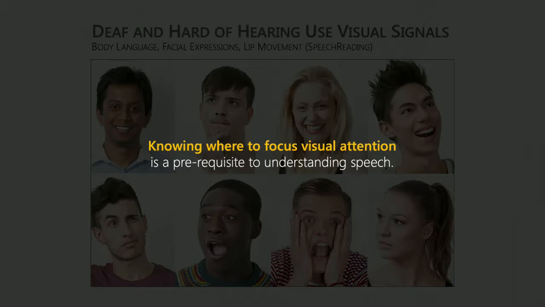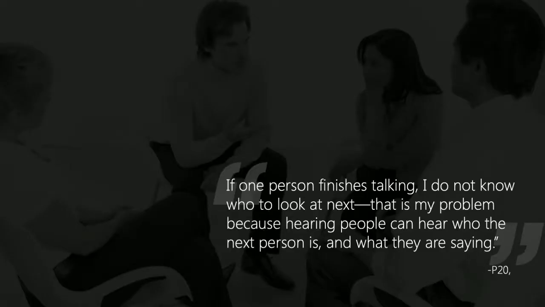And deaf and hard of hearing people usually face problems in a group conversation when they don't know where to look to see the speaker. For example, one of the participants in a study said, "If one person finishes talking, I do not know who to look at next. That is my problem, because hearing people can hear who the next person is and what they are saying, but deaf people really cannot do that."